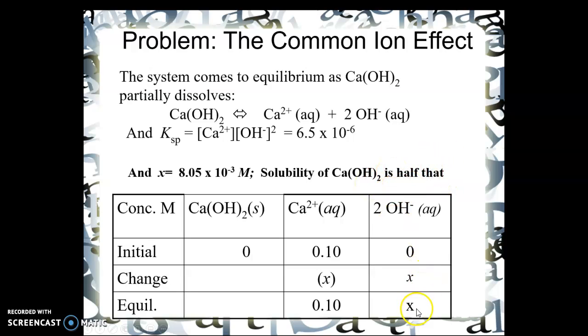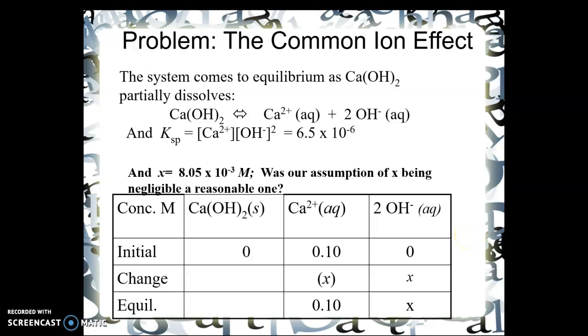because we're solving for 2X. I hope that's clear. Was our assumption of X being negligible a reasonable one? Yes, it was. Because this is 0.00805, and we've only got 2 significant digits here, so it's not going to move the 0.1 on the calcium at all.